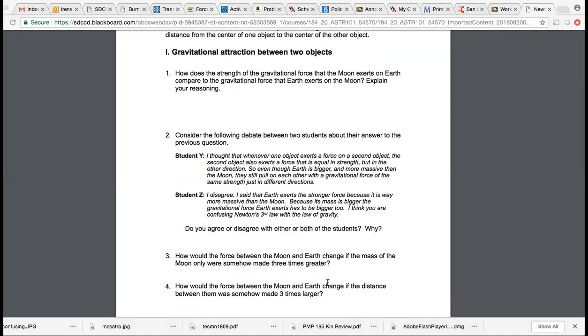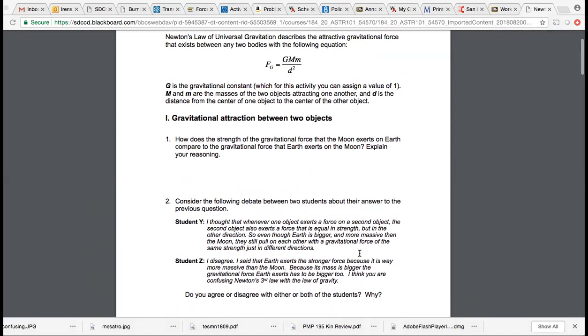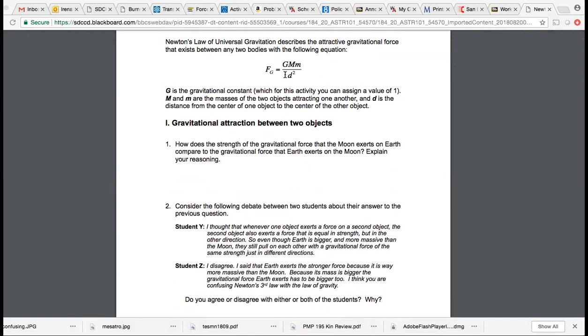Yes, exactly. Very good. If the distance is larger, is the force weaker or stronger? It would be weaker. Very good, because the farther they are from each other, the less force they feel. And you're paying attention that you cannot just say 3 times, you actually have to square the distance. So the force is more sensitive to distance changes than to mass changes.